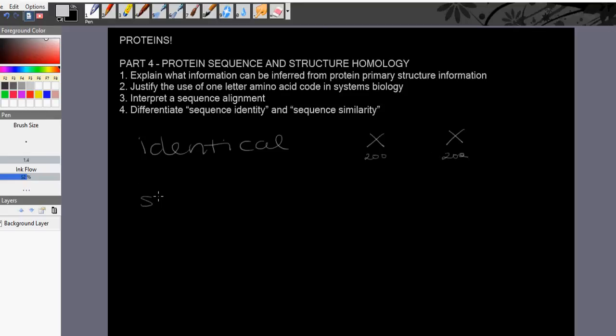Similar would be like if we had an aspartic acid and a glutamic acid in the same position, or close to the same position. These are both polar acidic residues, but they're not exactly the same. These two would be exactly the same. So that's the difference between sequence identity and sequence similarity. So keep that in mind when we're looking at this.